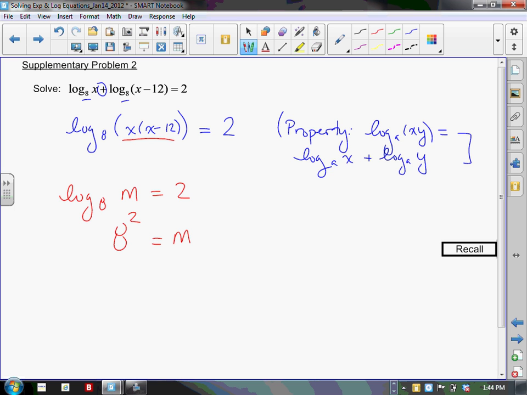So that would all come into effect by letting m be equal to x times x minus 12. Okay? So by making that substitution, by converting to exponential form, let's just put that in here.